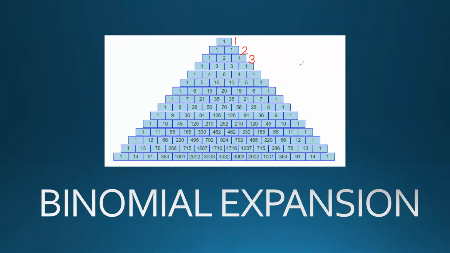But after learning this concept, we can conclude that the rows are instead named from 0 onwards, where the 1 at the top will be the 0th row, and the row below it will be the first row, then the second row, and so on. And that is how, when we expanded a plus b the whole square, square is the number of the row, and that is how we got 1, 2, 1 as the coefficients.